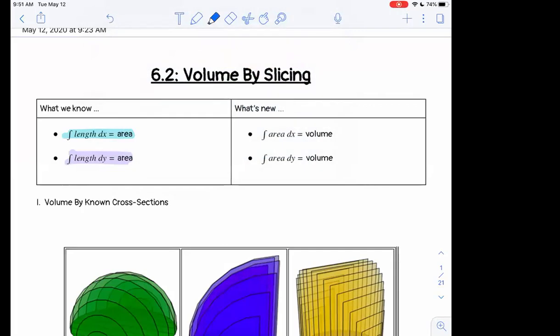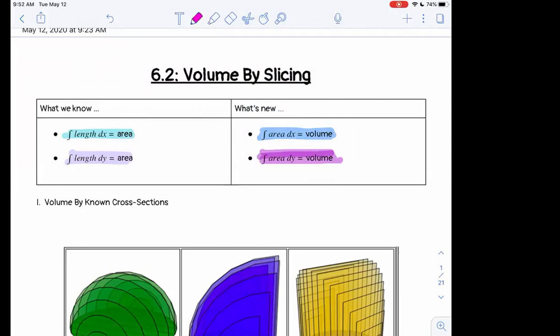When we integrate area, we actually end up with volume. And similarly, if we integrate the area dy, we're still going to end up with volume.